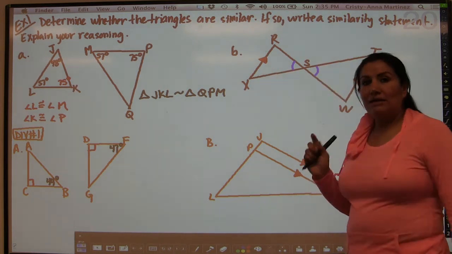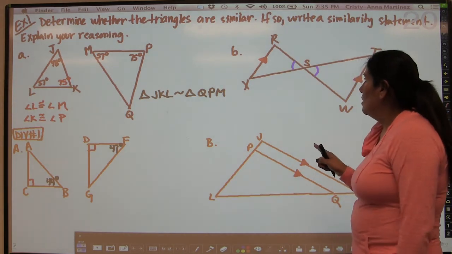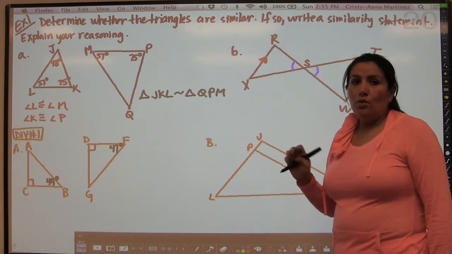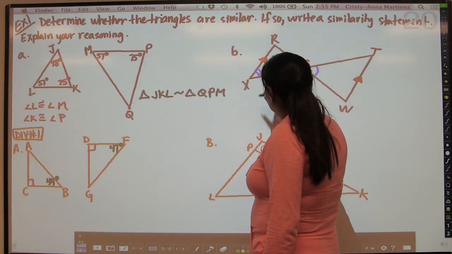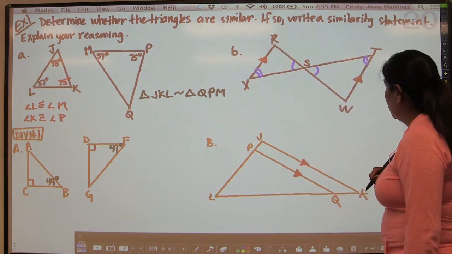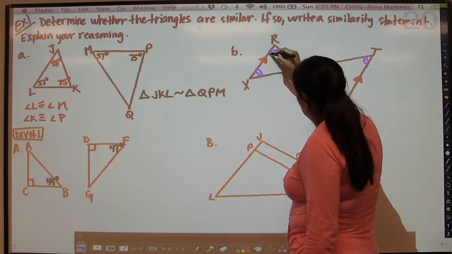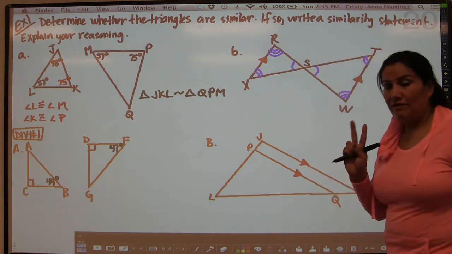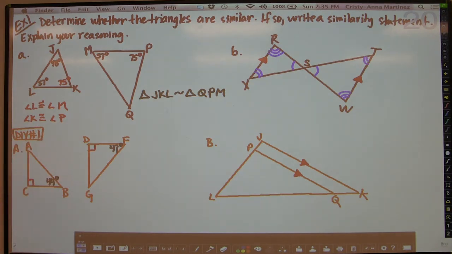And if you remember back in the day, we learned that when you have parallel lines cut by a transversal, whether you call this the transversal or that the transversal, either way, we have alternate interior angles congruent. So that means that angle X is congruent to angle T. And furthermore, instead of doing X, you could also do angle R congruent to angle W. But either way, you have at least two pairs of angles that are congruent.